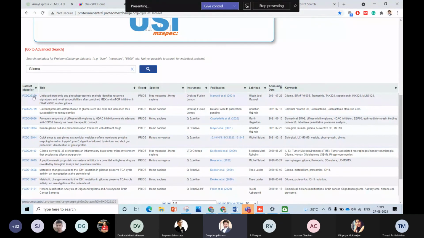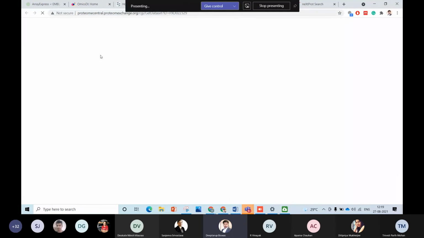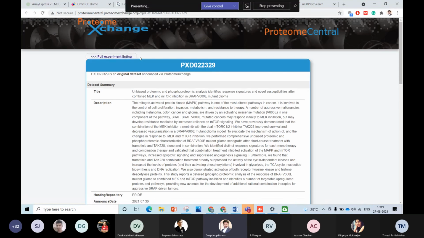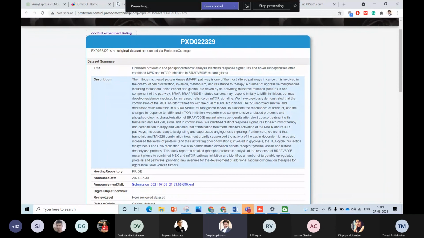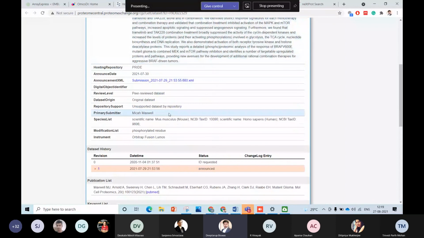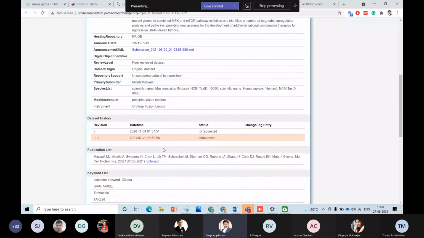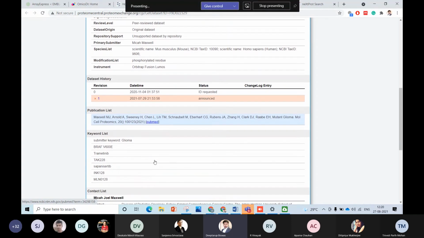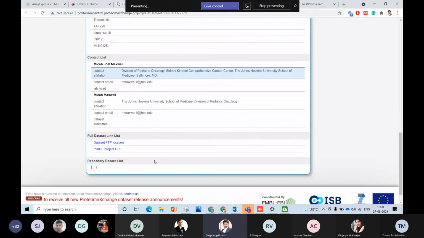So we click PXD002293, which is the unique PRIDE ID or Proteome Exchange ID. Once you click it, it gives you information such as the title and description. You can go directly to the manuscript by clicking into PubMed, and read more about this paper to understand the data.